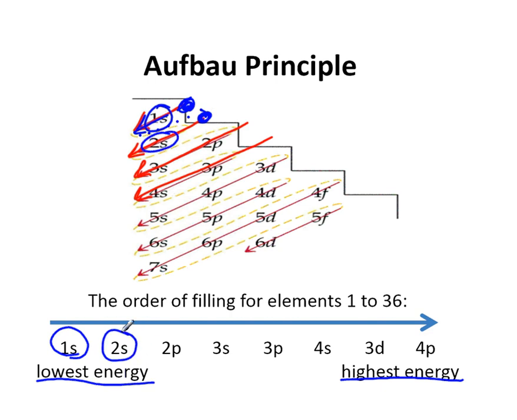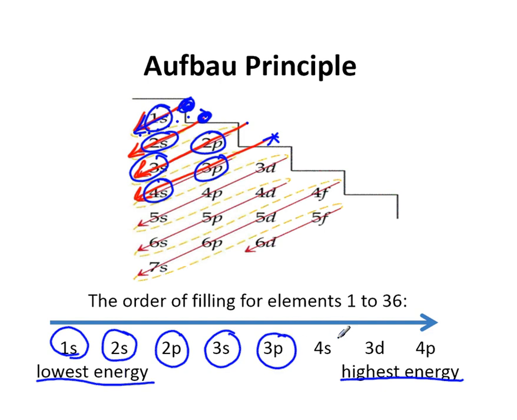So 2s down here is the next lowest orbital that needs to be filled. And you do the same thing. 2p, 3s, so 2p, 3s. Go back up here, 3p, 4s. Then we keep going, 3d, 4p, 5s.